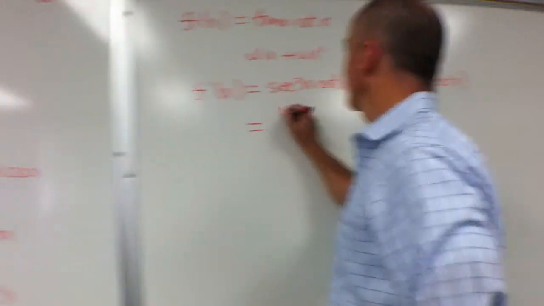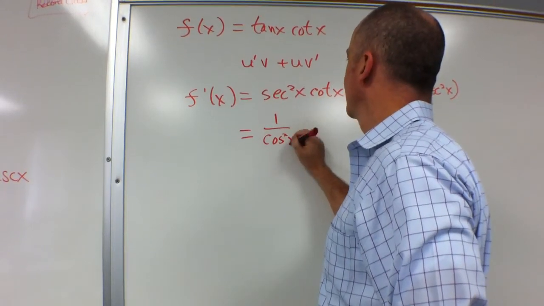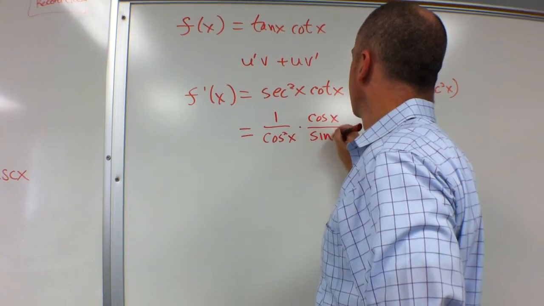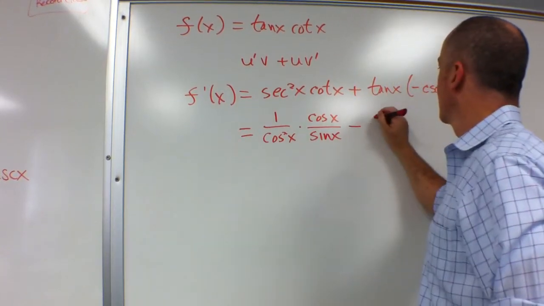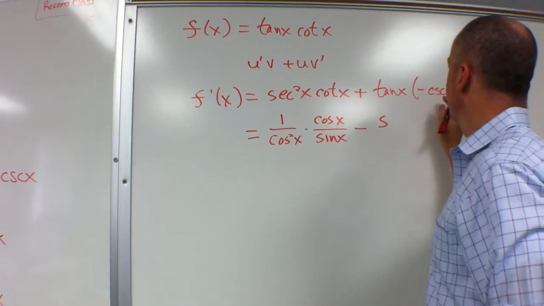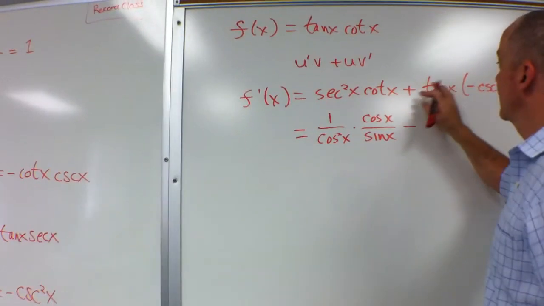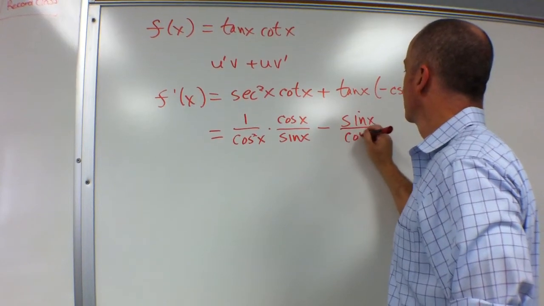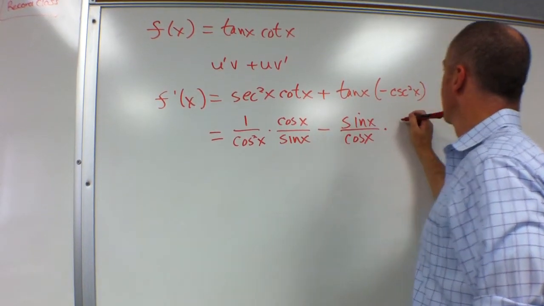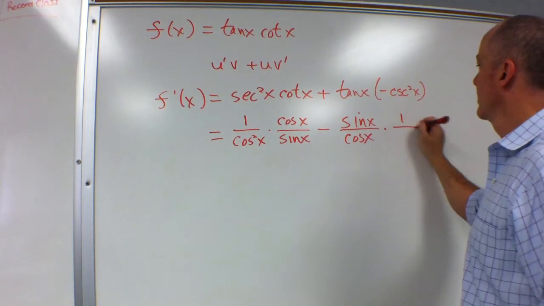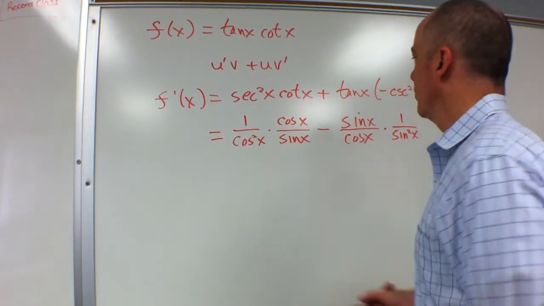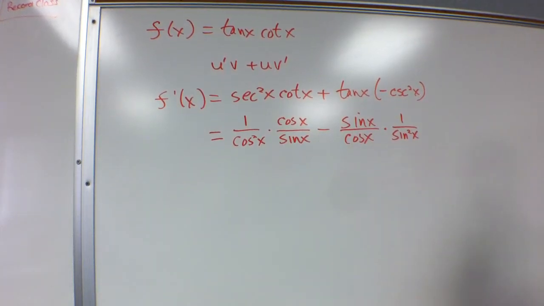Sometimes the first thing to do with a trig identity that was useful was put everything into sines and cosines. Take this negative cosecant squared. When I multiply a negative and a positive, I get a negative, so that'll become subtraction. Cosecant squared. Okay, so I've got 1 over cosine squared times cosine over sine minus sine over cosine times 1 over sine squared.